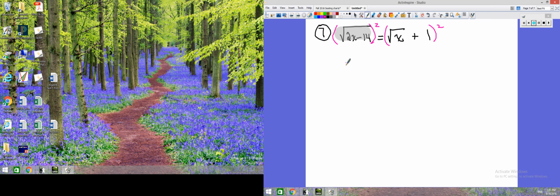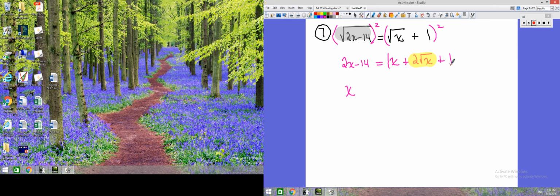All right, because when I square this, the radical goes away, and when I square this, I have x plus 2 of these radical x's plus 1. So now I want to get this term that contains that radical by itself. So I've got a 1x there. If I take x away from both sides, I have that.